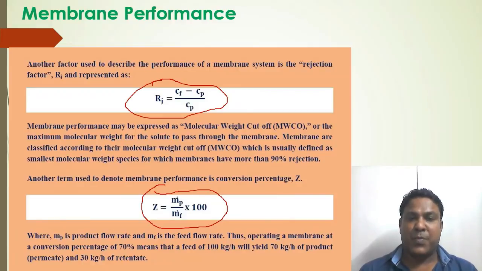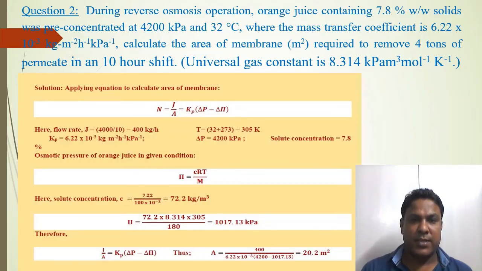So these were the terms that define membrane performance: permeate factor, rejection factor, retention factor, molecular weight cutoff, or conversion percentage. Here there is a problem on the Hagen-Poiseuille equation for calculation of the area of membrane.